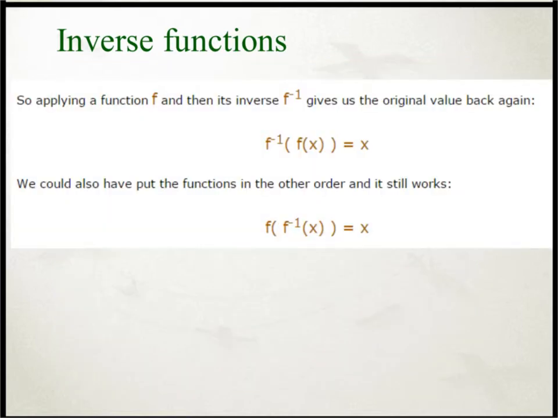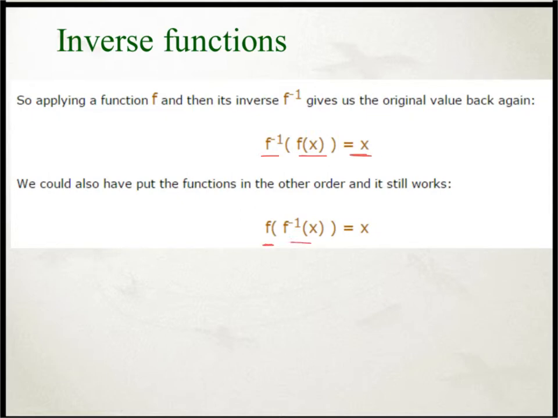This is an example of a composite function. Basically what that means is you do the original function first, and then whatever you get out for your output, you plug that into the inverse function, and it returns your original value.